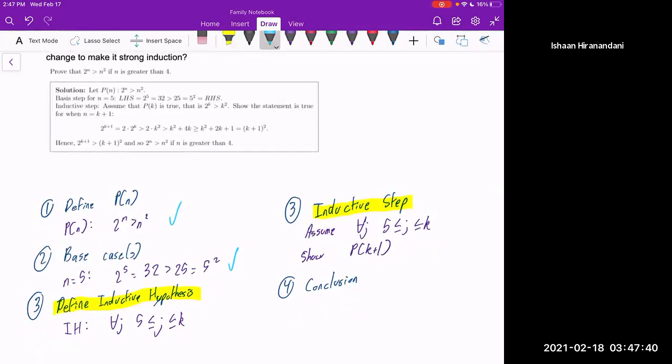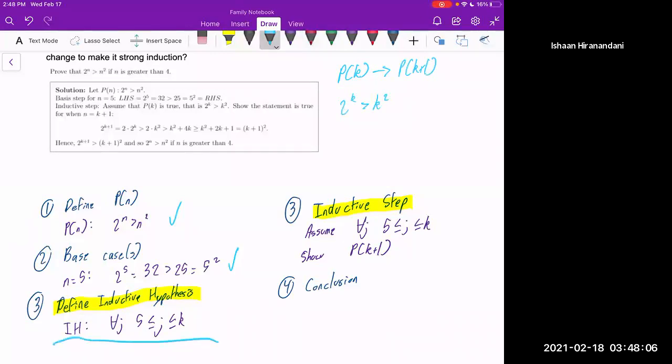So usually in mathematical induction, we want to assume P of k, which is our inductive hypothesis, and use that to show P of k plus 1. So in this example, that would be like assuming 2 to the power of k is greater than k squared. But look at this mess that we have here.